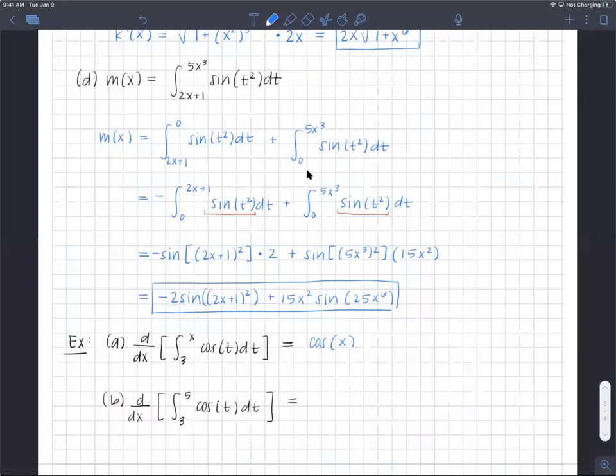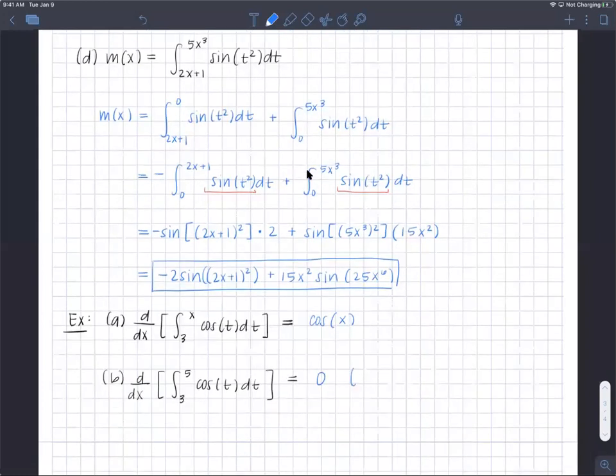Yeah, it's just going to be 0. This is an example exactly like what we did last time. This is just getting you thinking about when you have x here, it's going to be a function, but when you have numbers here, it's a definite integral. Well, they're both definite integrals. But when you have variables in your limits, you get a function. When you have real numbers in your limits, you get a real number out.